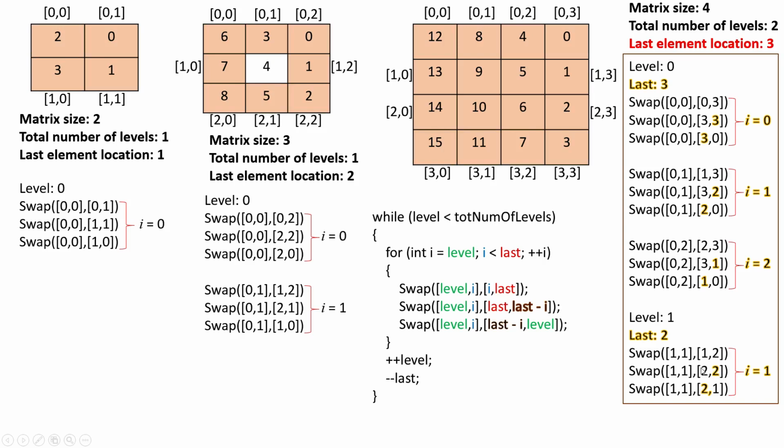So after looking at this for a little while, I figured out if we just add whatever level we're in. So 3 minus 0 plus 0 is 3. 3 minus 1 plus 0 is 2. 3 minus 2 plus 0 is 1. That all works out. Over here, 2 minus 1 plus 1 is 2. So that seemed to work out.